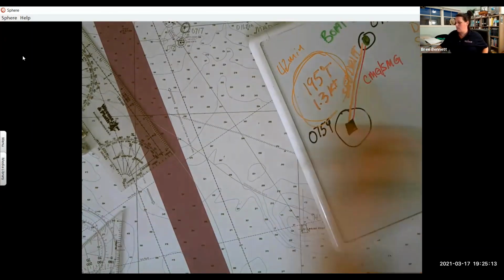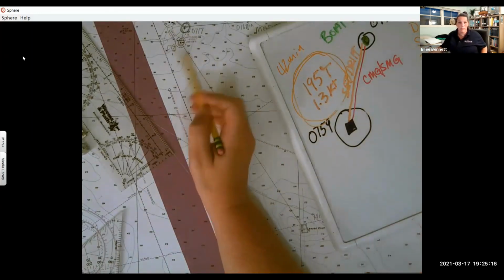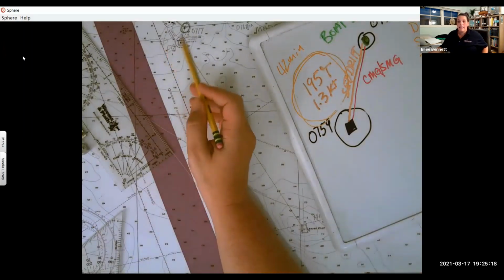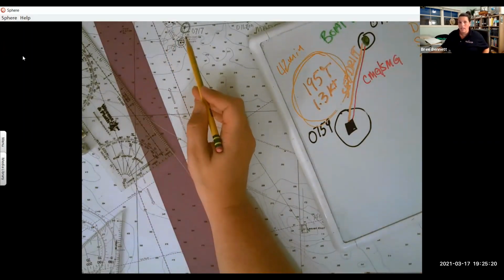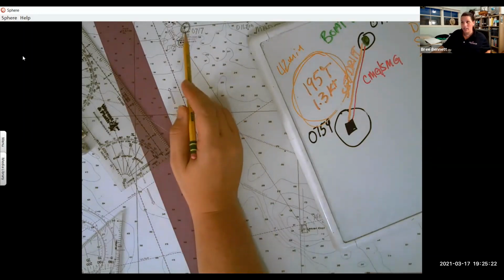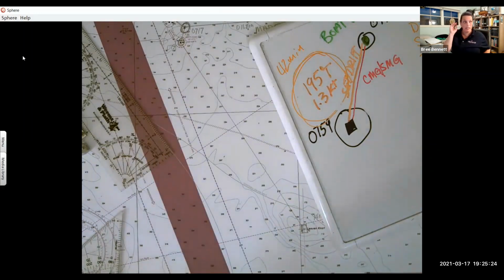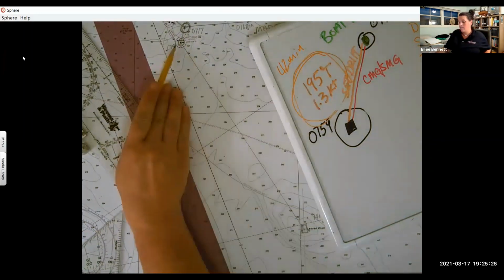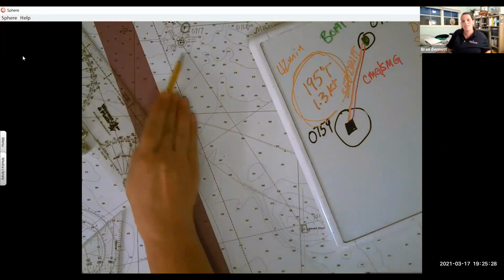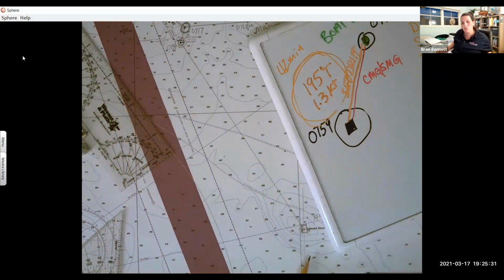So we just hung around here for 45 minutes or so and calculated a current. Now I'm going to apply that knowledge that I just created and get a better course to steer, or a more direct route to our fishing spot.